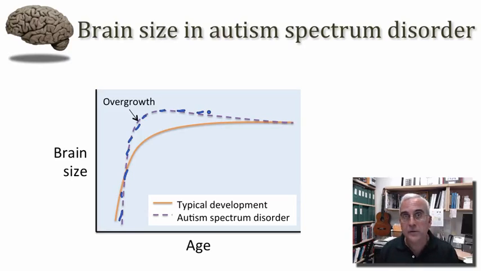And these are brain structures that are involved in social cognition, communication, and the executive control of motor actions.